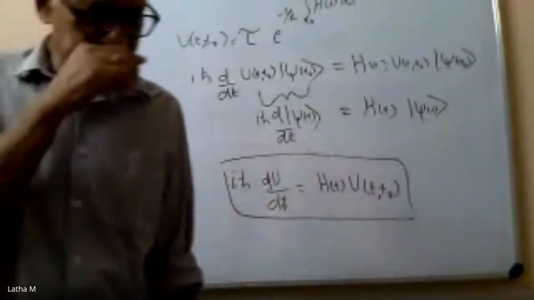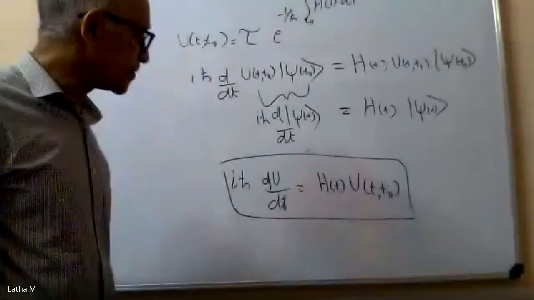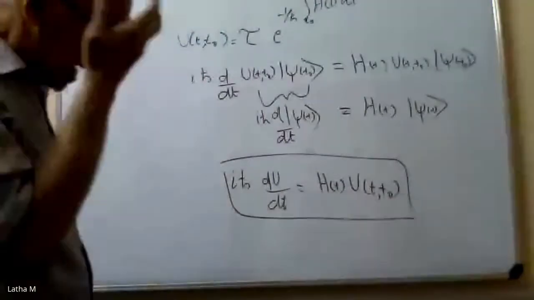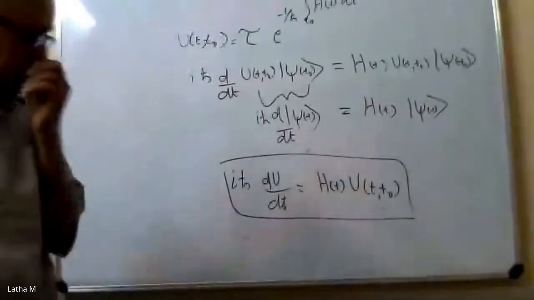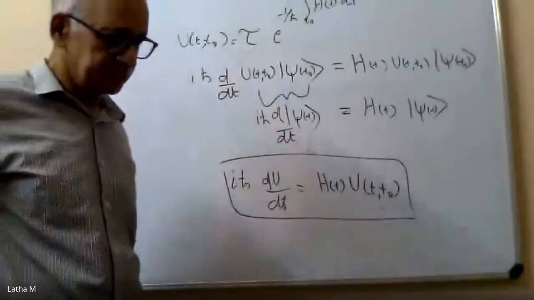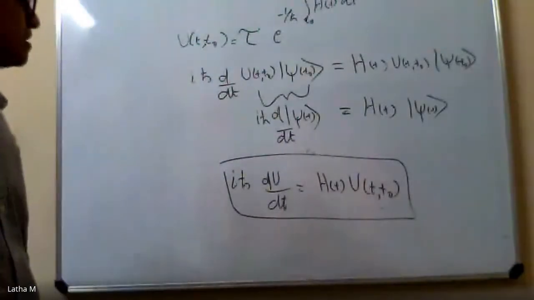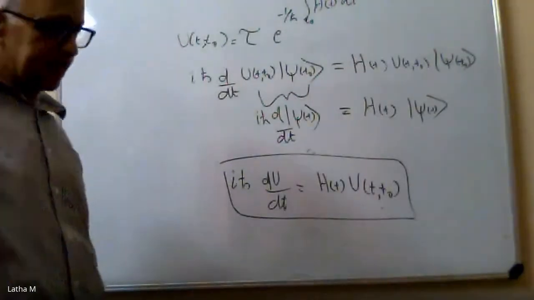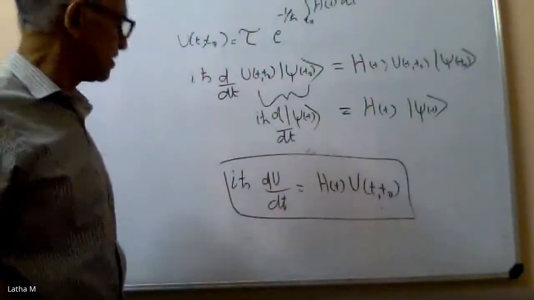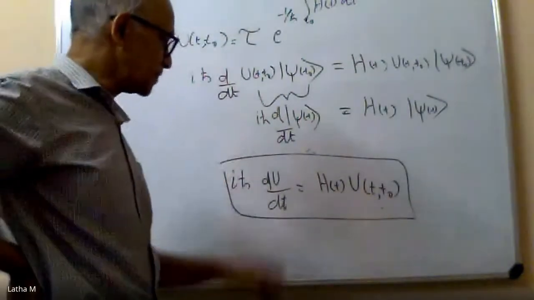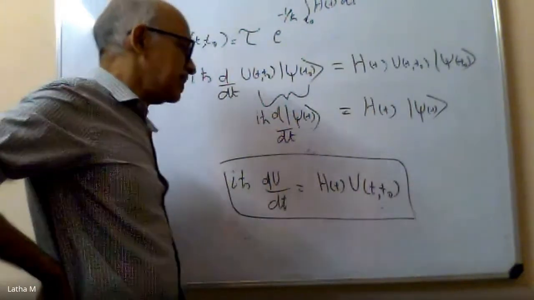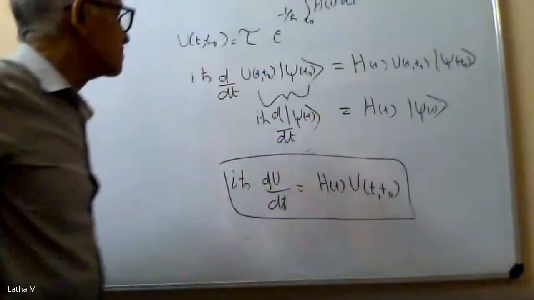And you should remember that we simply derived this equation by assuming the time evolution of the state vector from psi t0 to psi t through an operator U(t, t0). It is obtained by the requirement of unitarity, the requirement of the constant length of psi, and simply by assuming that psi is a vector in the Hilbert space.